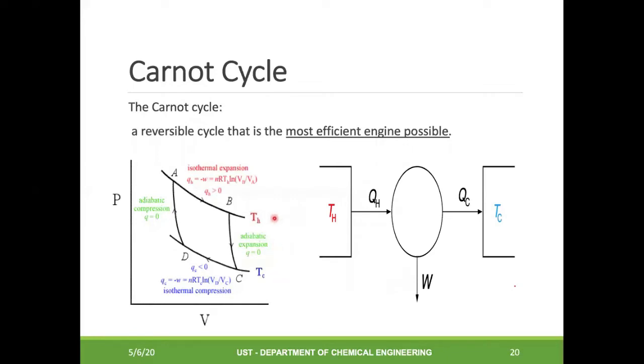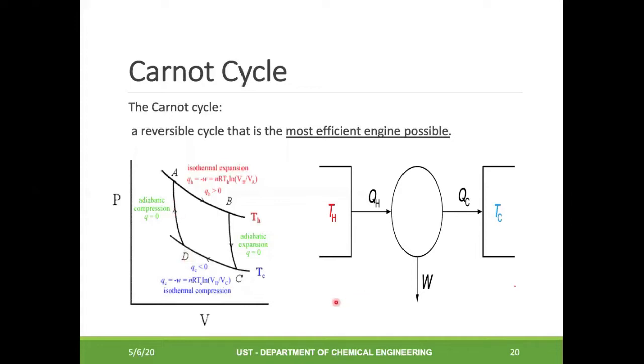The gas expands, but it changes the temperature from TH to TC. Step 3 is the isothermal gas compression from C to D. And lastly, adiabatic gas compression from D to A.